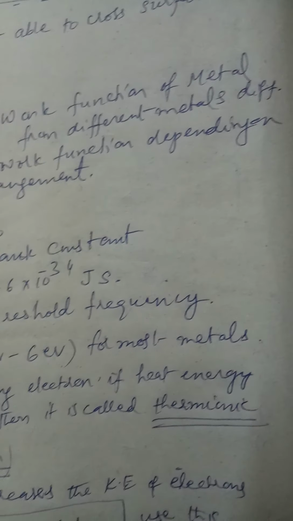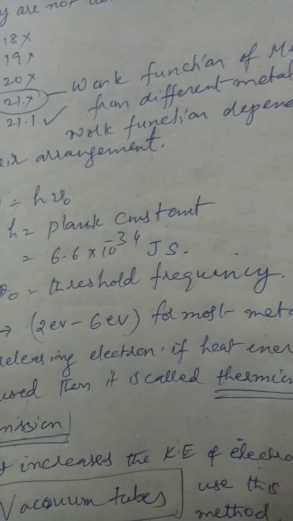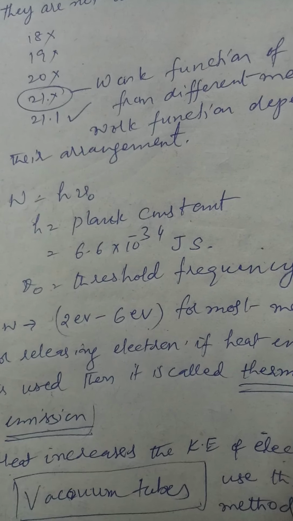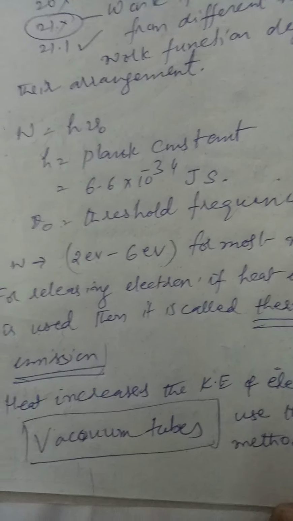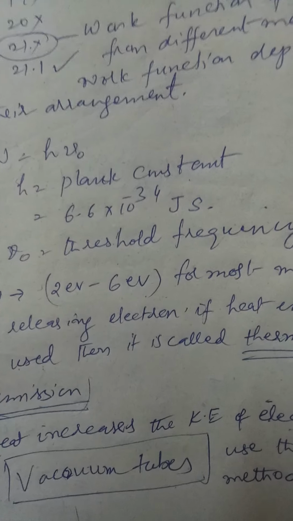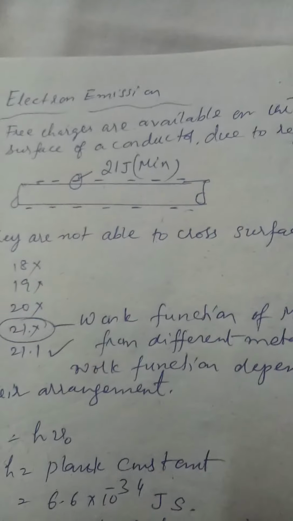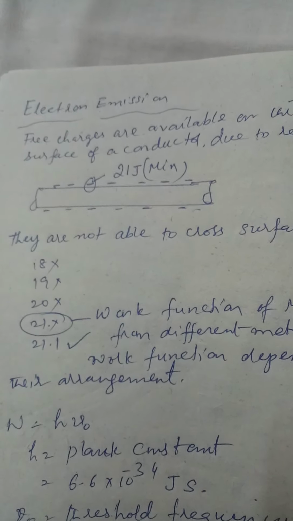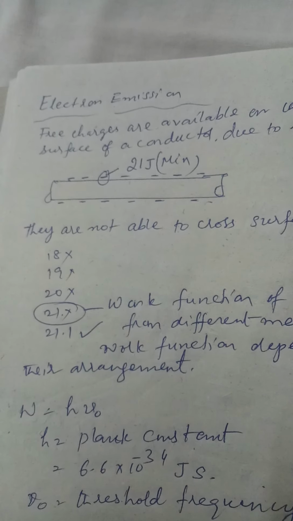We will now see different types of electron emissions which are normally in use. First let us understand why we are trying to remove these electrons.